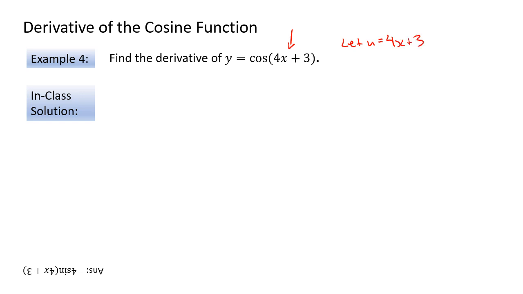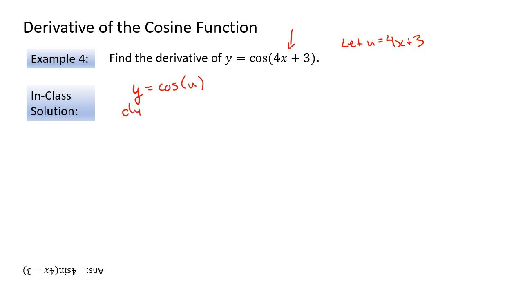And you don't have to use u. I like to be consistent in all of my problems and usually use terms like u and v. I just find it helps to eliminate a lot of confusion. So if I substitute u in, I get y equals the cosine of u. So looking very familiar to our last slide.